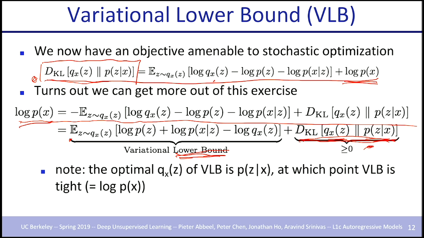So when we try to maximize this term, the only thing that goes into effect is this negative variational lower bound. If you maximize the variational lower bound, you minimize the negative of it, which is exactly minimizing the gap. So this is kind of restating the objective.